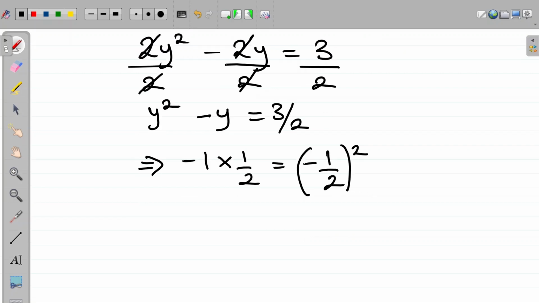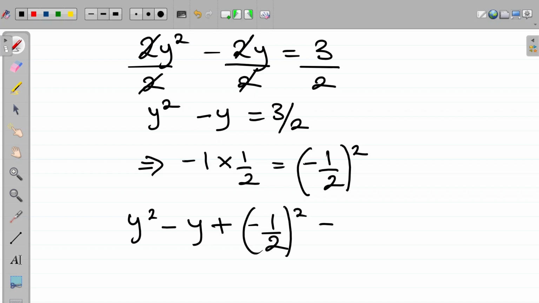So our equation becomes y squared minus y plus (negative 1 divided by 2) all squared equal to 3 divided by 2 plus (negative 1 divided by 2) all squared.